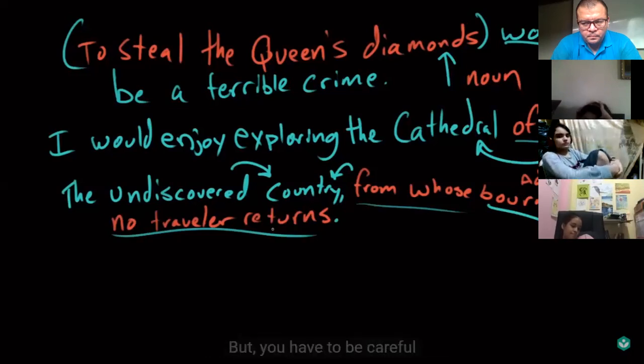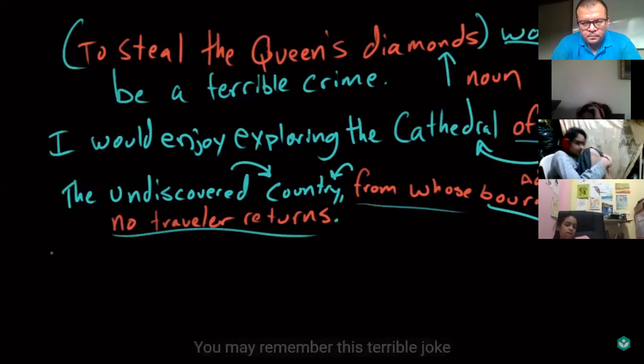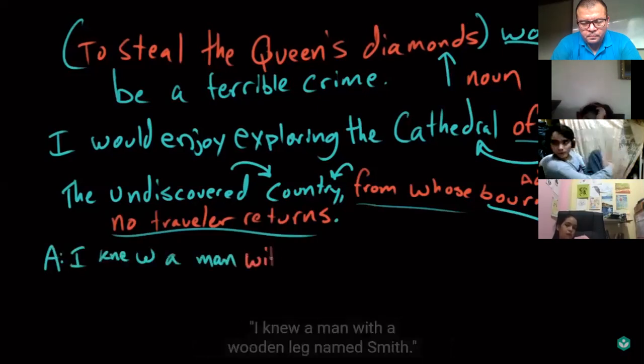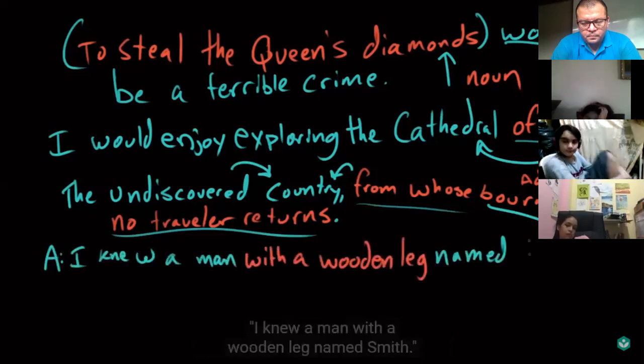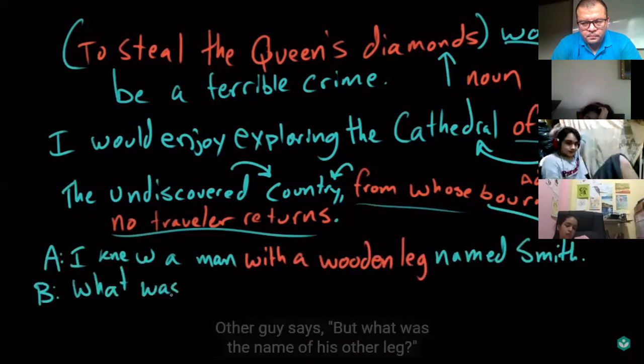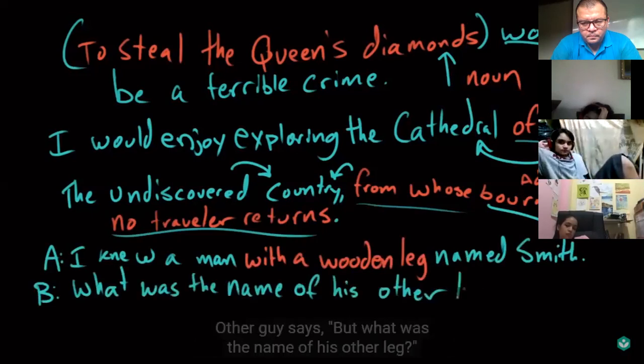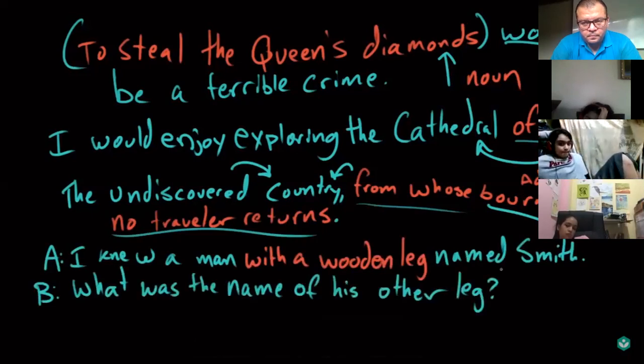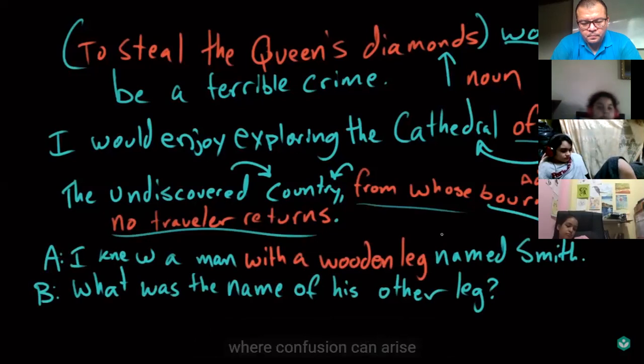But you have to be careful because you can set yourself up for a lot of ambiguity with prepositional phrases. You may remember this terrible joke from Mary Poppins. One man says, "I knew a man with a wooden leg named Smith." Other guy says, "But what was the name of his other leg?" It's silly, but it's a good way to indicate where confusion can arise with prepositional phrases.